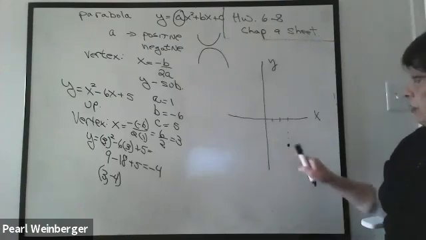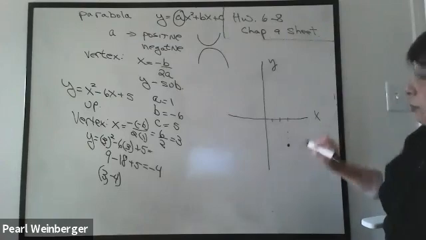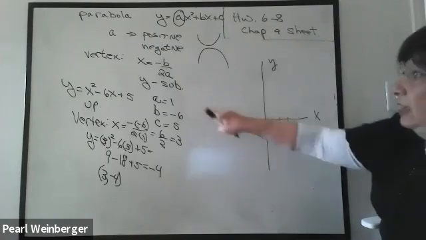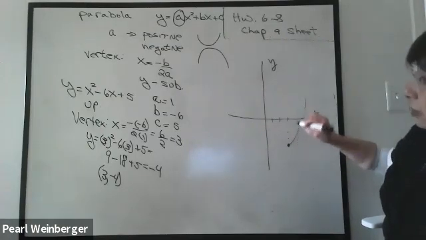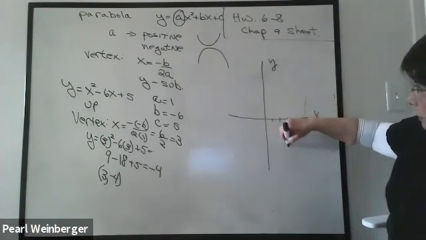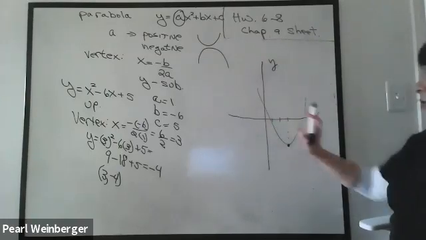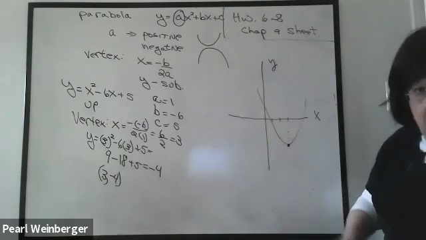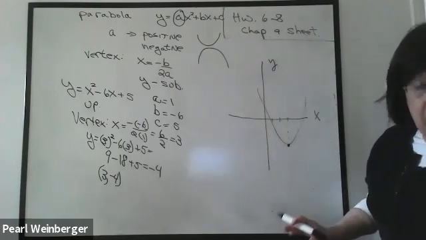And I know that this is the vertex of an opening up parabola because the a was positive. So my parabola has to look approximately like this. And it really should look the same on both sides.